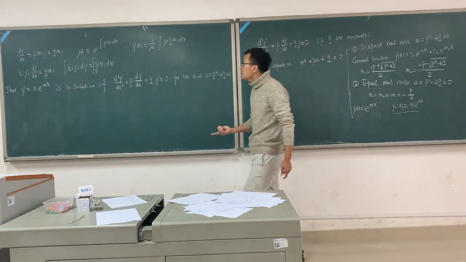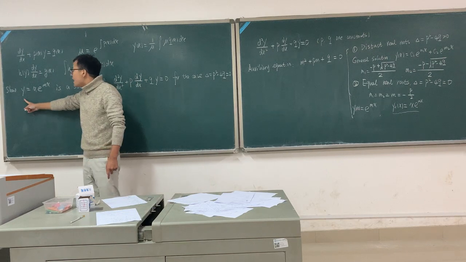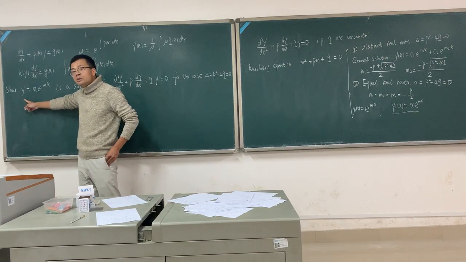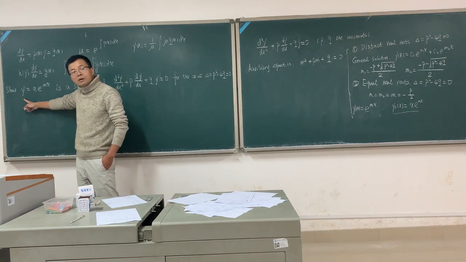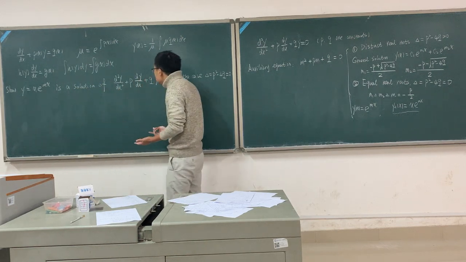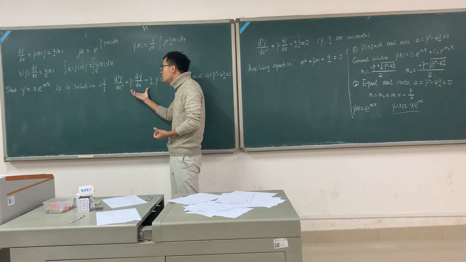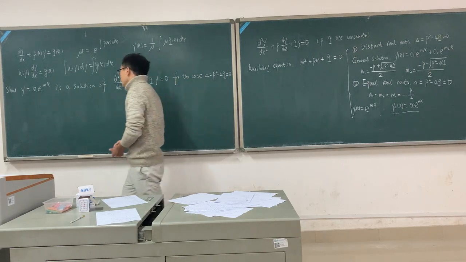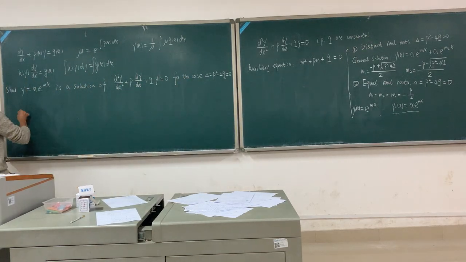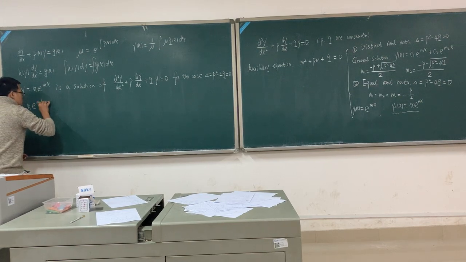For this y, we need to find the first order derivative and the second order derivative, and substitute them into this equation. So here, for y equal to x e^(mx).